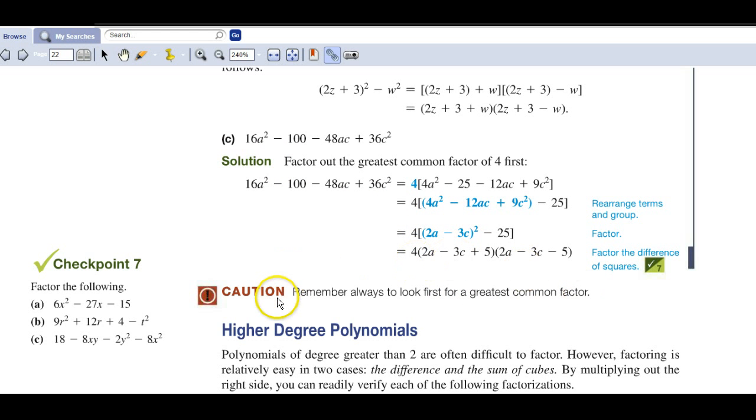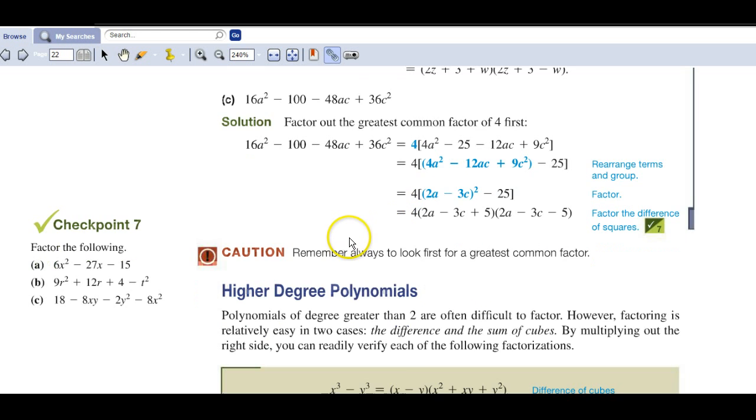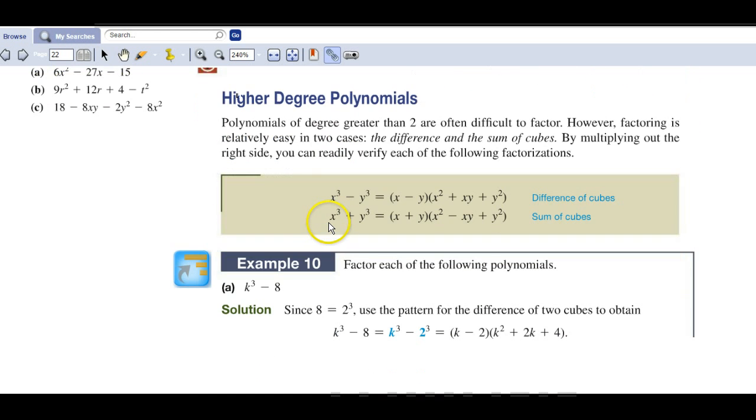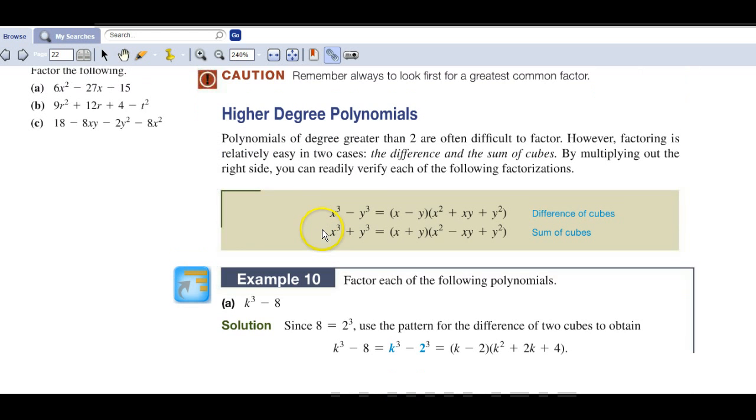And they're giving you a caution, which is good about the textbook. Always remember to look for the greatest common factor to factor out first. Okay. Higher degree polynomials.